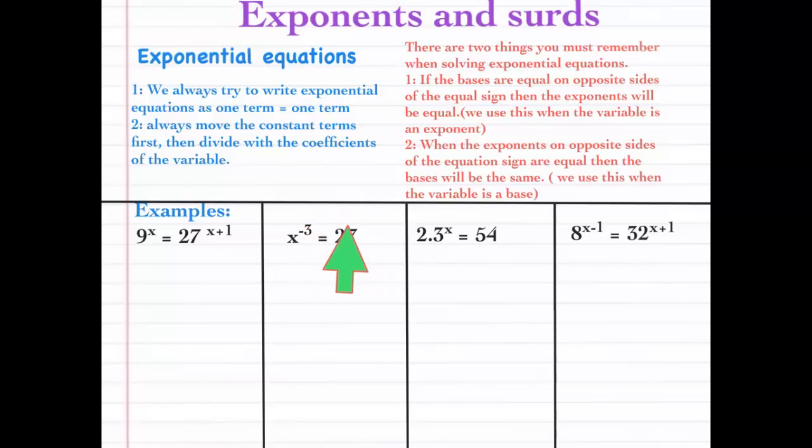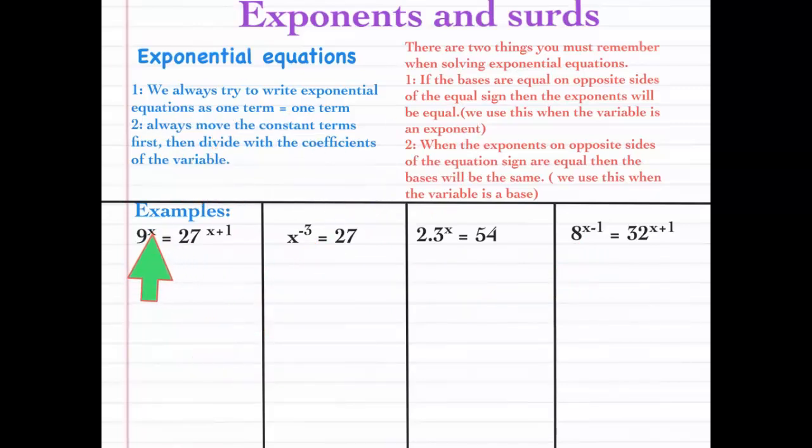And if the exponents are the same, then it means that the bases must be equal. We use this when the variable is a base.